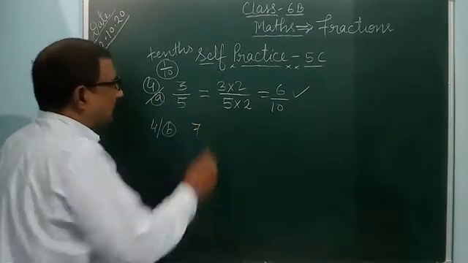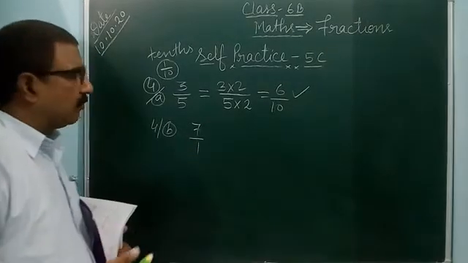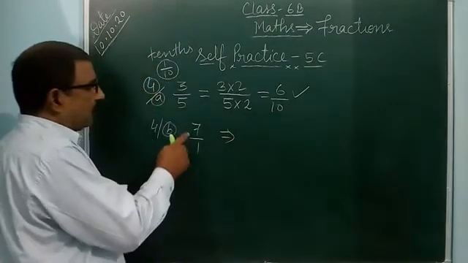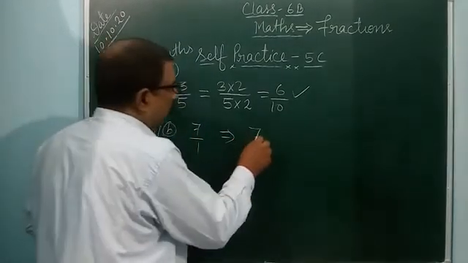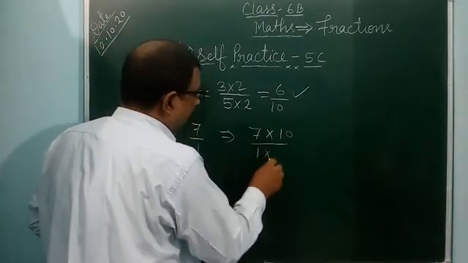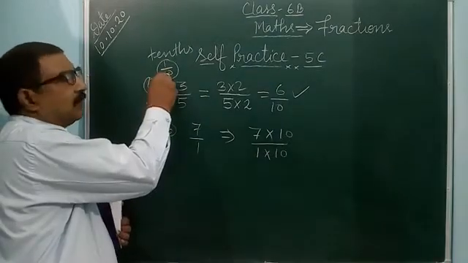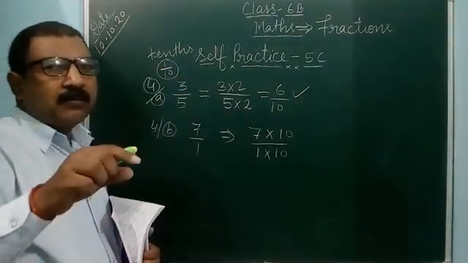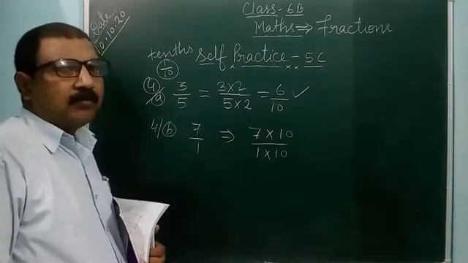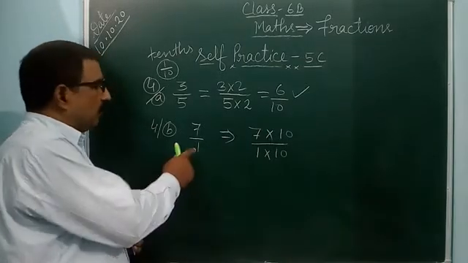It is given 7. So you can write it as 7 by 1 because it is a whole number. After that, you multiply 7 by 10 and 1 also by 10. Why? Because your aim is to get 10 in the denominator. So how can you get 10? 1 multiplied by 10.